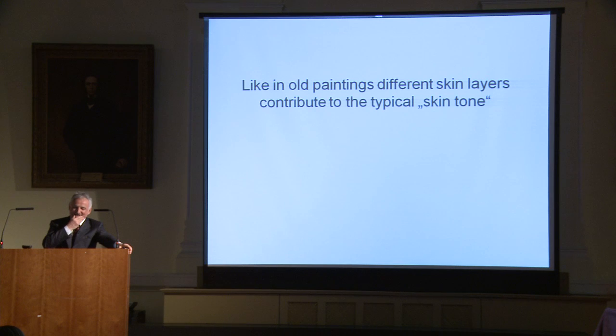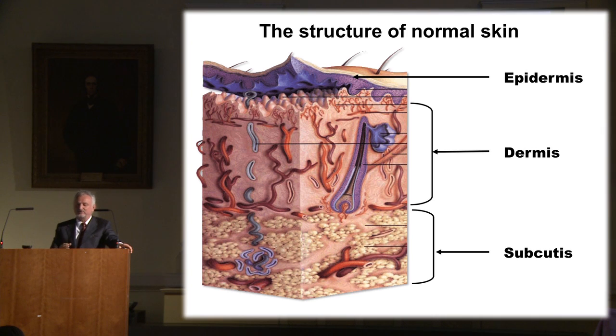Like in old paintings, the skin consists of different layers of colors, and each of them contributes to the different skin tones. If we look at this representation of our skin, from a German lecture I heard, you see the epidermis, the outermost skin layer, the dermis, and the subcutis.